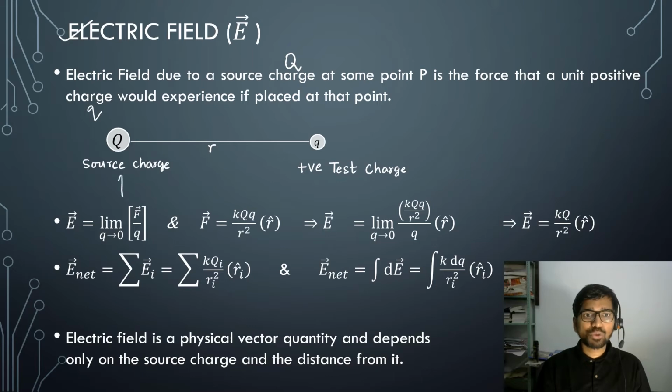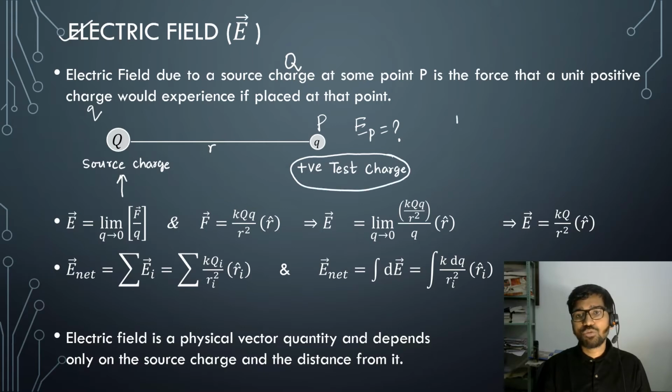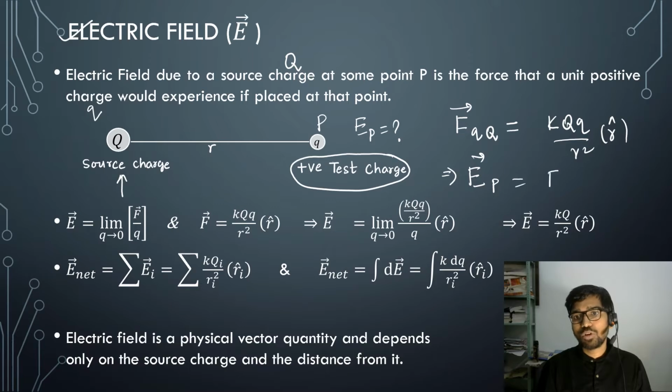Imagine that there is a source charge capital Q and you have to calculate electric field at point P. You will place a positive test charge at point P and you will calculate the force experienced by this small positive charge using Coulomb's law. And then, if you wish to find out the electric field at point P, you will simply divide this force by the amount of test charge.